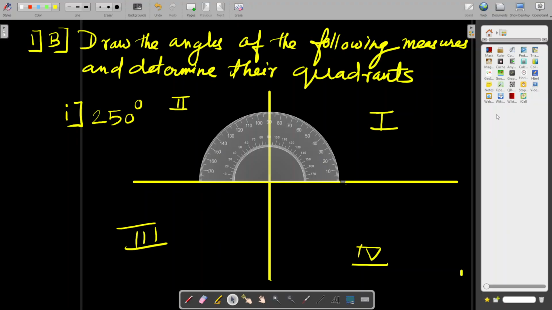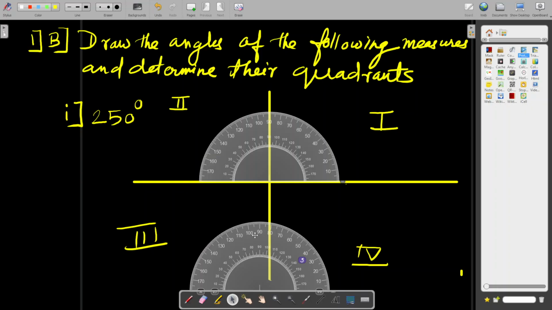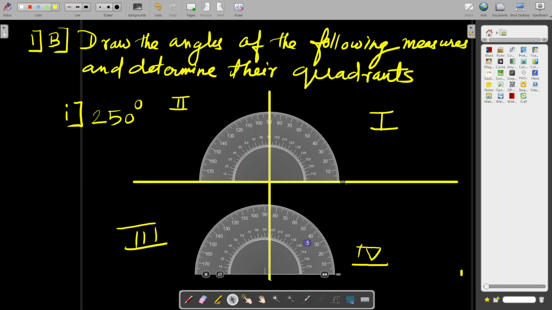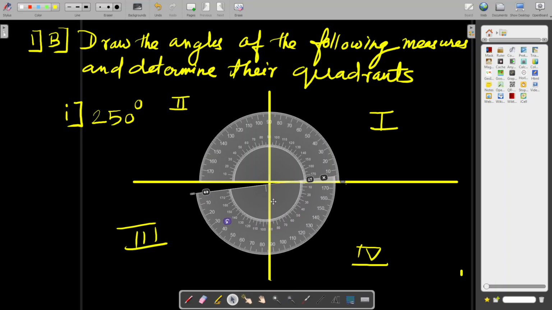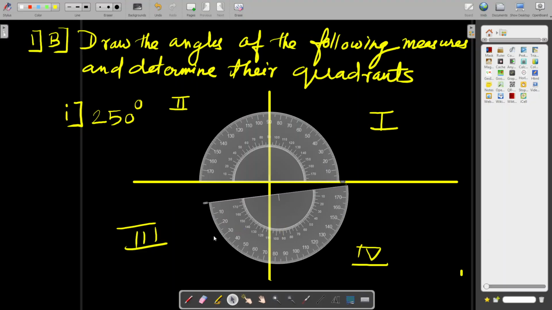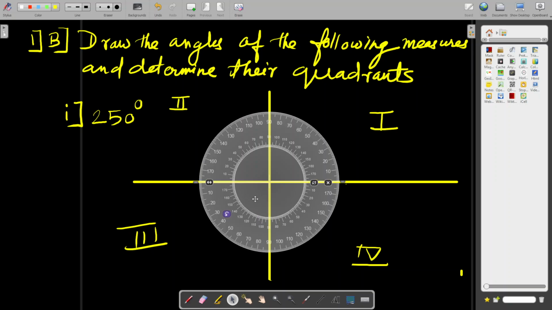Again if we take the protractor and flip this, and keep it over here, see 170, then 180, again add 10, 190, 200, 210, 220, 230, 240 and 250.